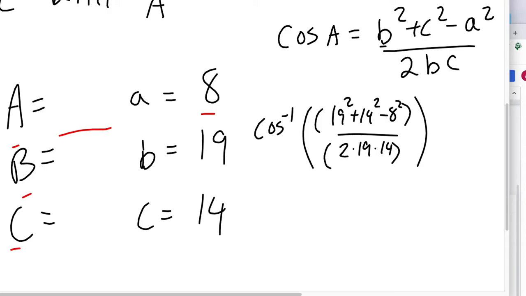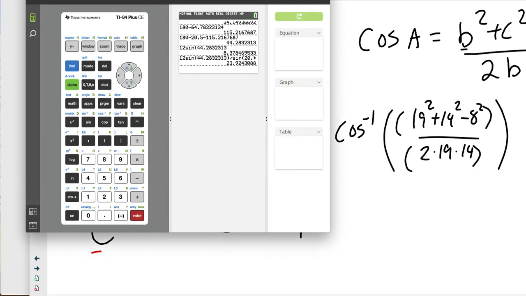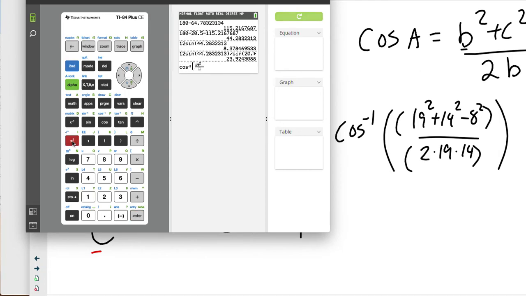Okay? So putting this all in the calculator, inverse cosine, I'm going to hit the math button, I'm going to hit left, and put a fraction in there. Then I don't need to worry about parentheses. There we go.